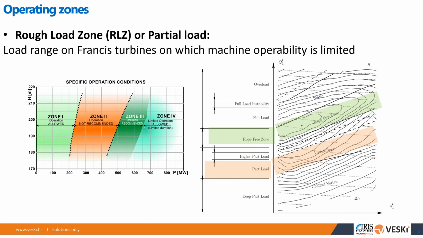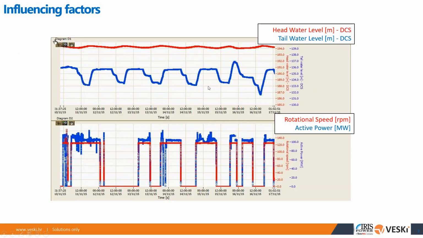Again, that zone also varies with water levels. If you take a few days and take your tail and head water levels, that will again affect your rough load zone. The rough load zone is not the same. It depends on the head and also on the power. So the power span expands with the different water levels, which you can actually map.